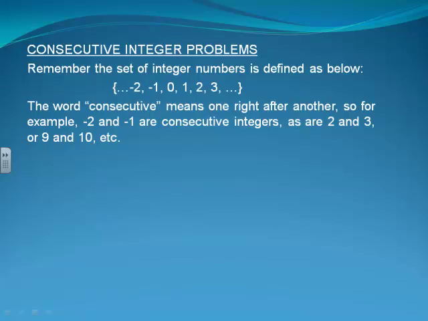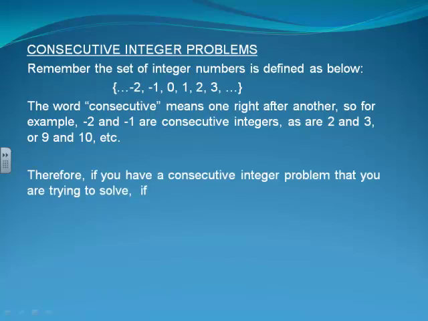So, for example, -2 and -1 are consecutive integers because they come one right after another in the integer set. 2 and 3 are consecutive integers, 9 and 10, etc. Therefore, if you have a consecutive integer problem that you are trying to solve, if x is allowed to represent the smallest integer, notice that in all the pairs above, -2 and -1, 2 and 3, 9 and 10, the difference between the two, or the way you go from the smaller integer to the larger integer, is you add 1 to it. 9 plus 1 is 10. 2 plus 1 is 3. -2 plus 1 is -1.